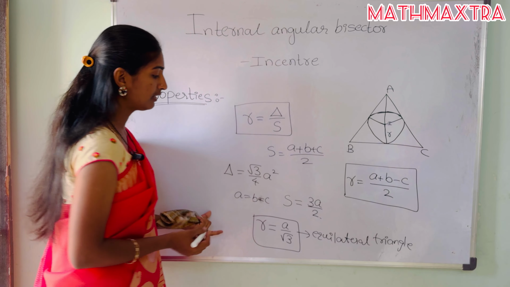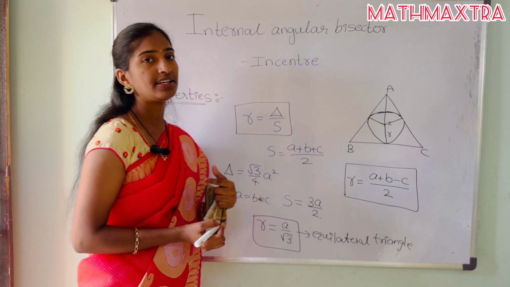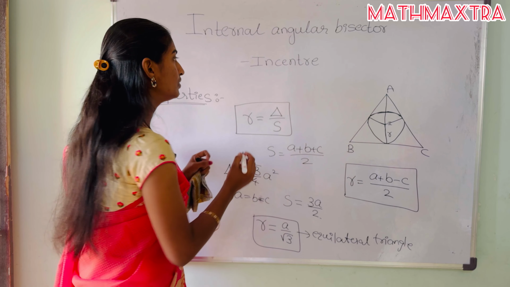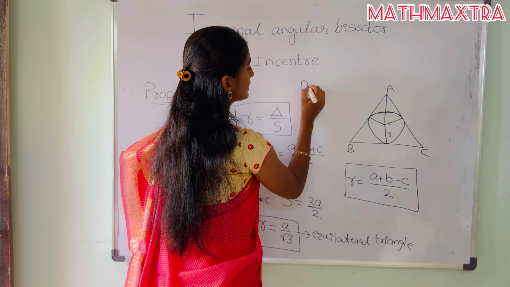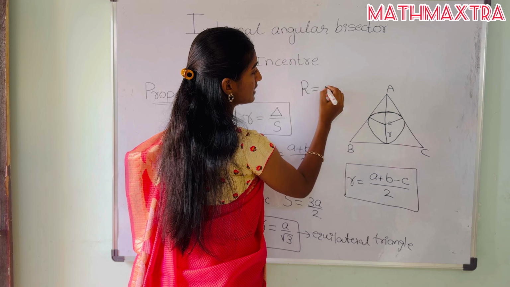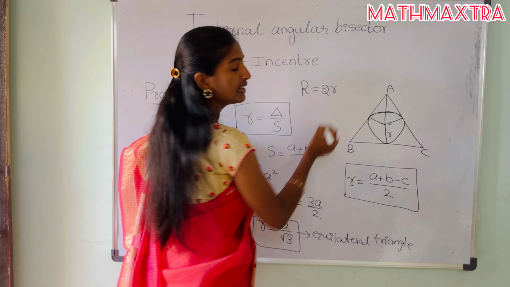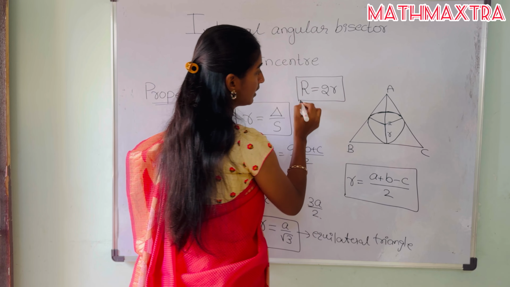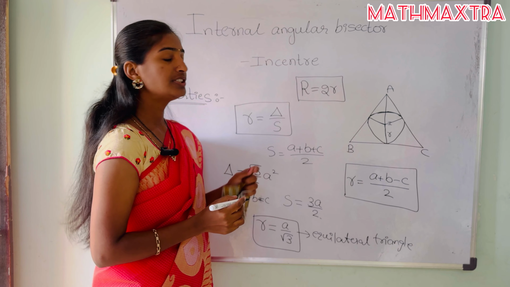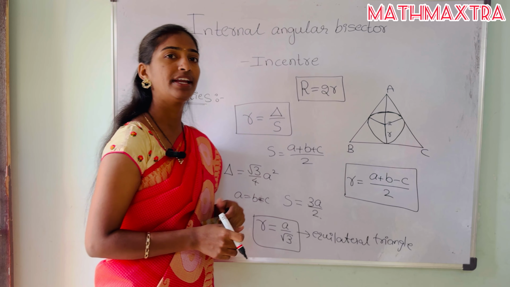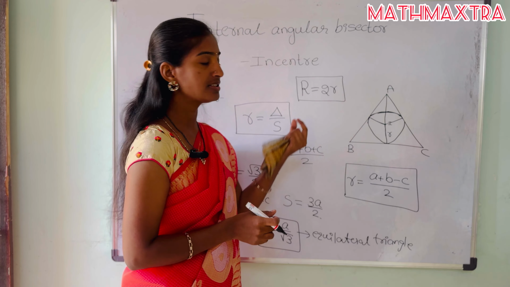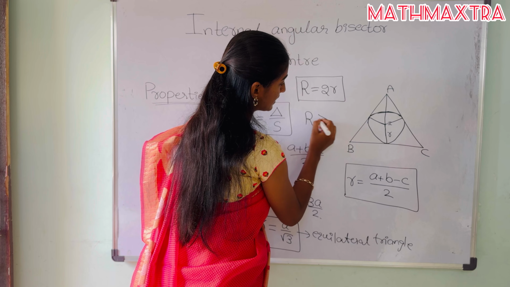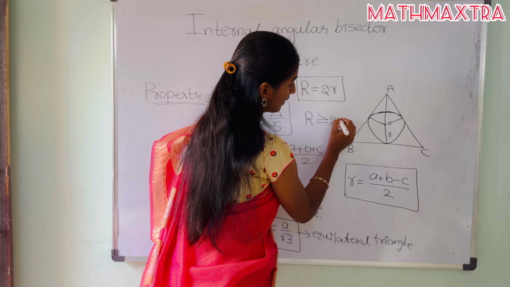Okay, and for an equilateral triangle there is a relation between the circumradius and inradius. For equilateral triangles the circumradius is always equal to 2 times the inradius. This is only for the equilateral triangle. And in general we have Euler's inequality: the circumradius, capital R, is always greater than or equal to 2r.